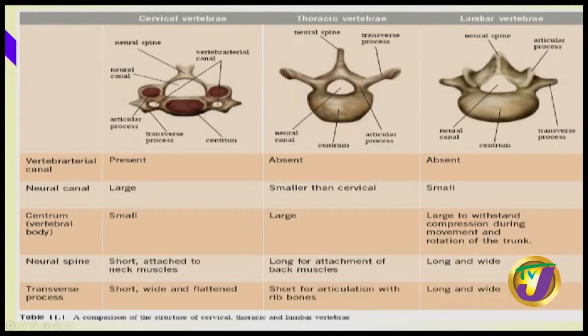Thoracic vertebrae, long neural spine, short transverse processes, which are like the arms of the vertebrae, right? And they have a very small neural canal. The lumbar vertebrae, long and wide transverse processes, long and wide neural spine to facilitate the attachment of powerful back muscles, and they have a very large centrum, right, in order to support the weight of the body.